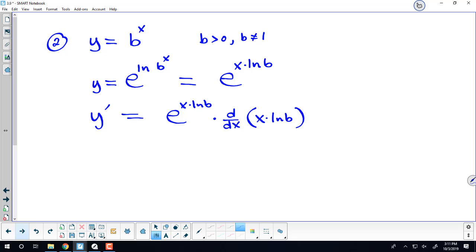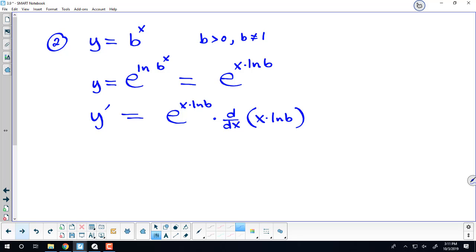So careful, what is b though? B is a constant. So the ln of b is also a constant. B is just some number bigger than 0, not 1. So if b is a number, the ln of that number is yet another number.